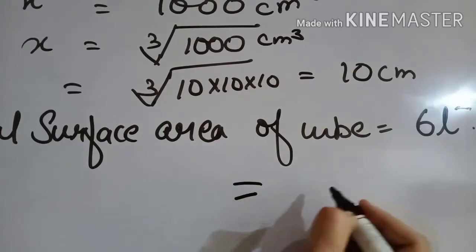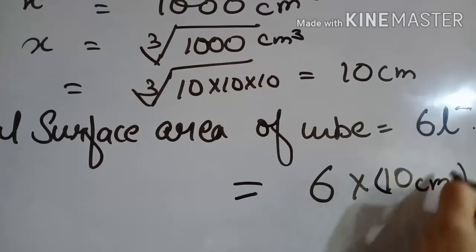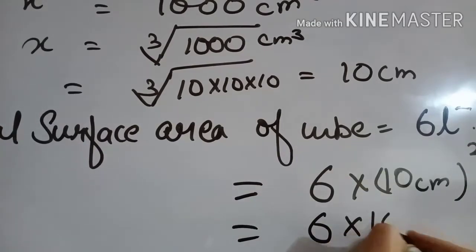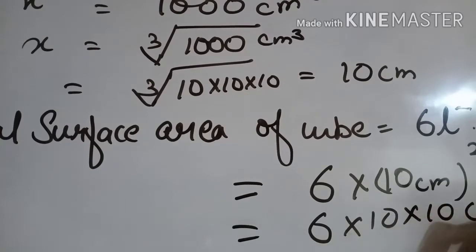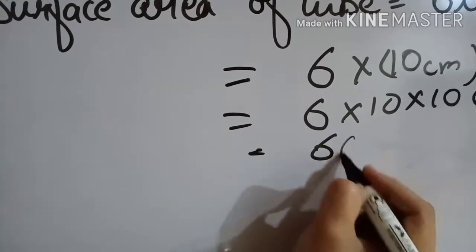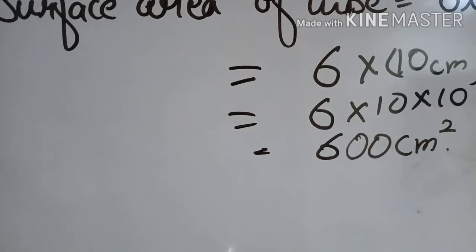So 6 into 10 centimeter square, 6 into 10 into 10 centimeter square, that is equal to 600. Sorry, the total surface area of the cube is 600 centimeter square.